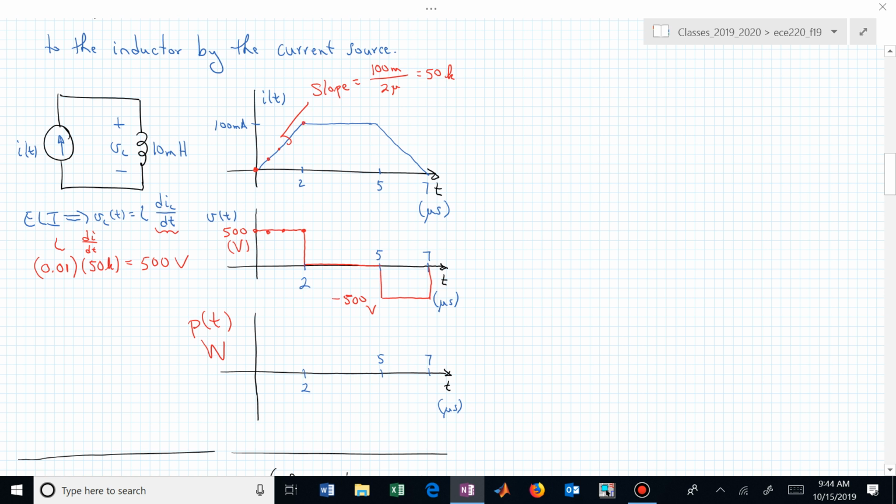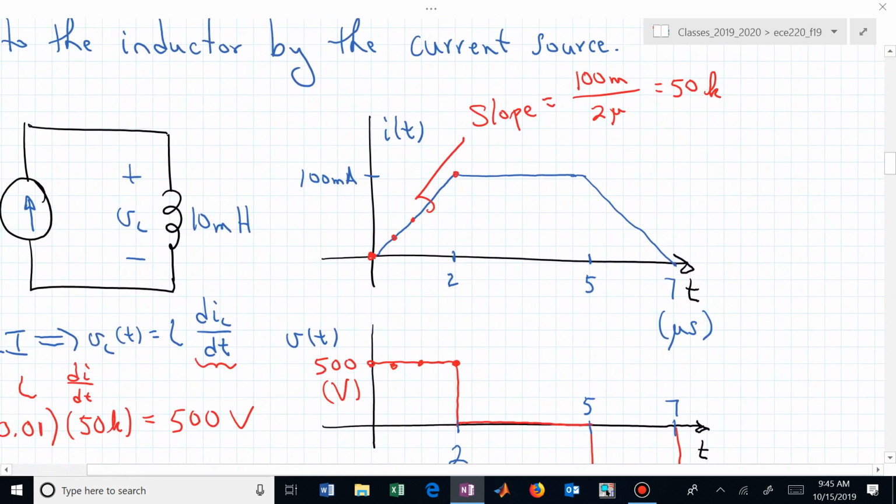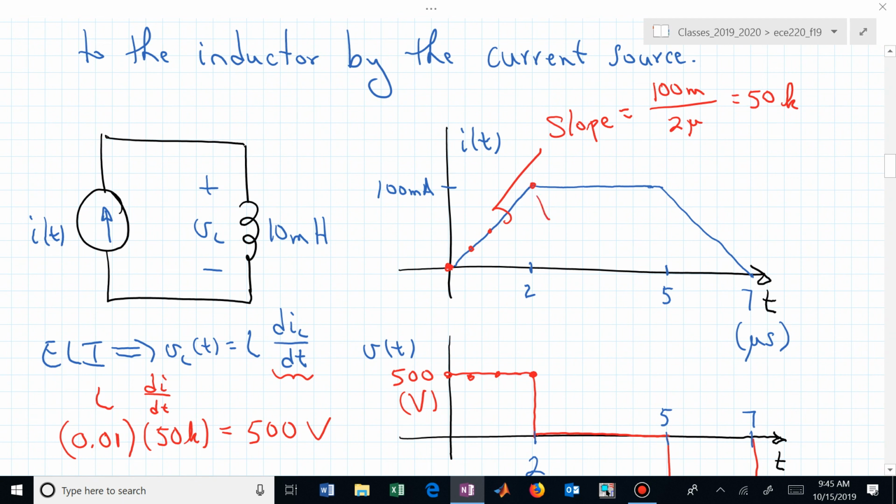The product of I and V at that particular point in time. So if we now come back to this point, this is now I at 2 microseconds, which is 100 milliamps.